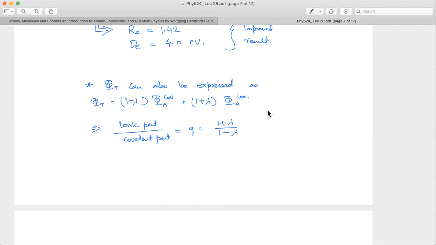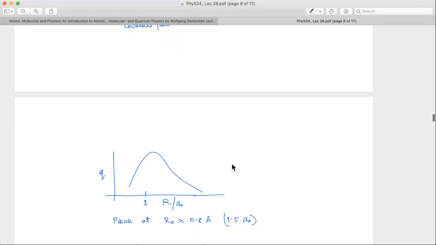Suppose I take the weight of the ionic part in this wave function divided by the weight of the covalent part and define that parameter as Q. Then Q has to be 1 plus lambda, the ionic part, divided by 1 minus lambda. Of course, I can now do this calculation as a function of lambda, and for each lambda I get an energy curve and an optimal value of R0.